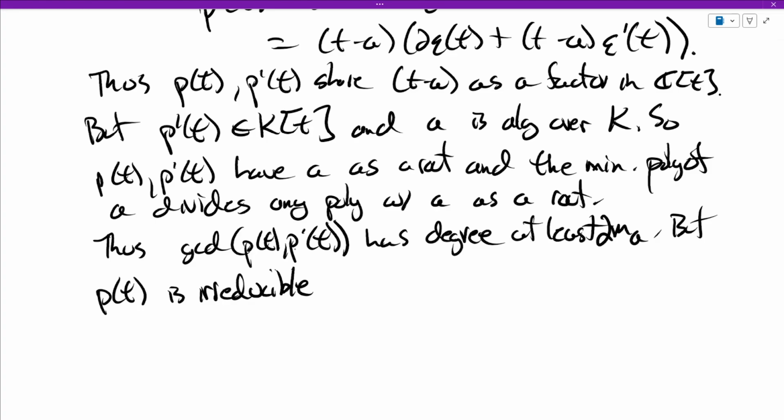But P is irreducible, and so the GCD of P and P prime must be P, because that's the largest and the smallest it can be. But this is impossible. The degree of P prime is the degree of P minus 1, which is strictly less than the degree of P. So it cannot be that they share a factor.